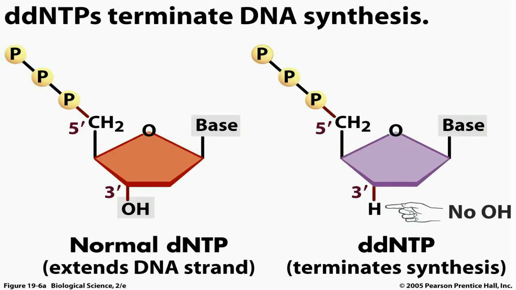As we can see, the shape of dNTP or deoxynucleotide triphosphate contains the hydroxyl group in the third carbon. But the dideoxynucleotide triphosphate or ddNTP's molecules differ from dNTP by having a hydrogen atom attached to the third carbon rather than the hydroxyl group.